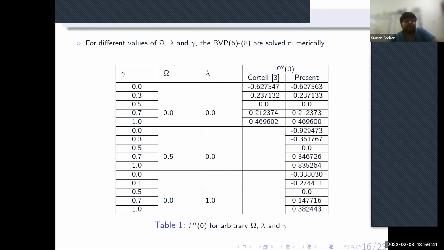Now for different values of omega, lambda and gamma, the boundary problem is solved numerically. Table 1 represents the values of f''(0) for gamma, omega and lambda.